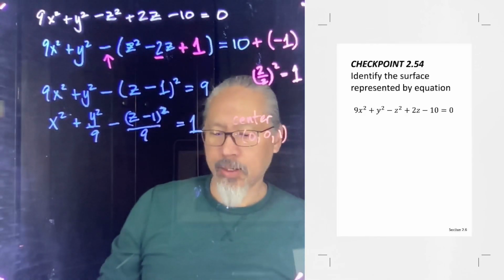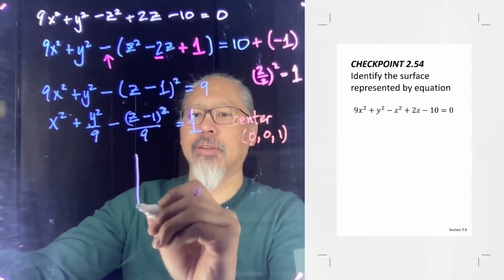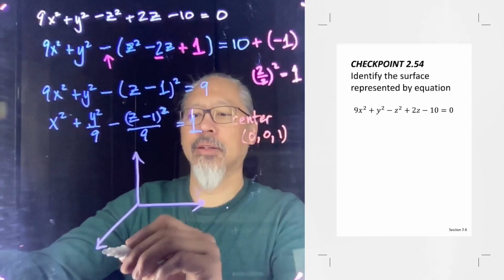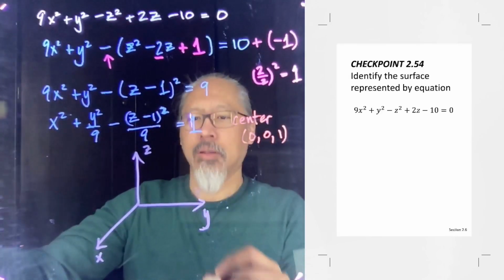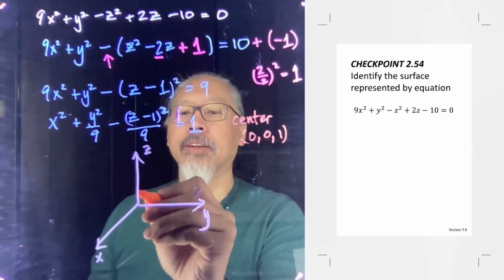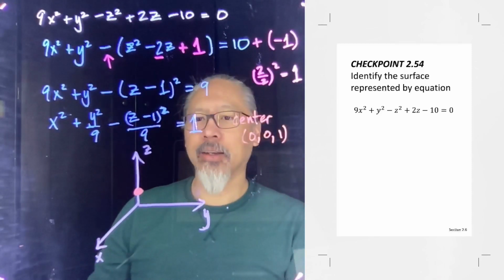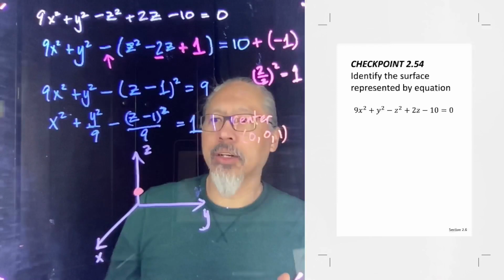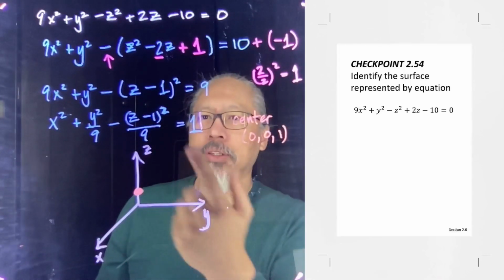If we try to draw this, we could just draw our usual x, y, z axes, and draw the center point over here. If we want, we can identify the cross-section, or the trace, when z is equal to 1.